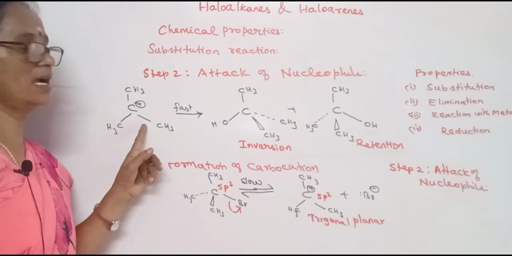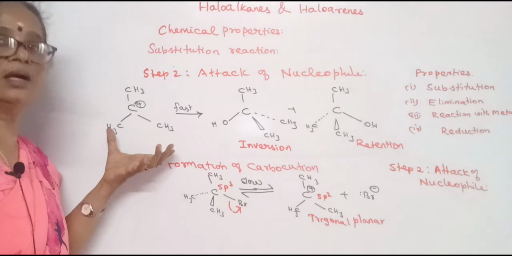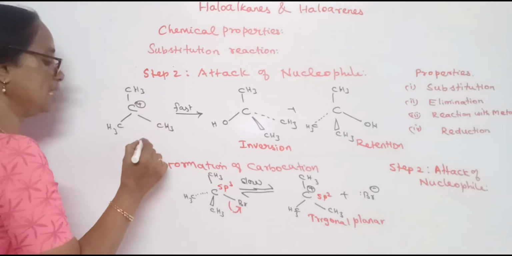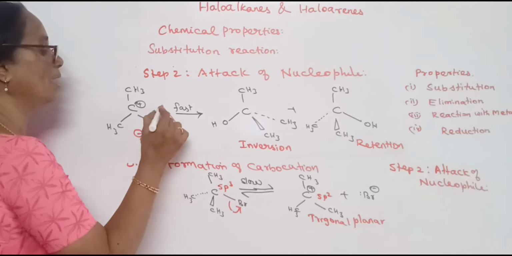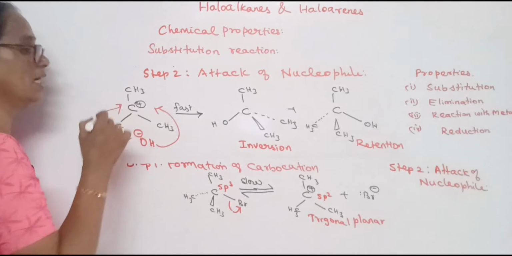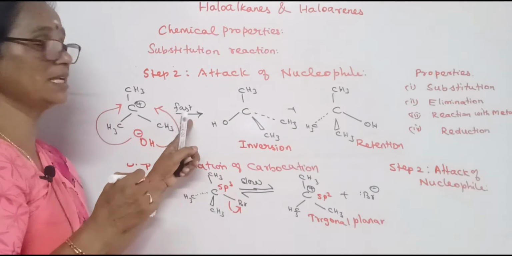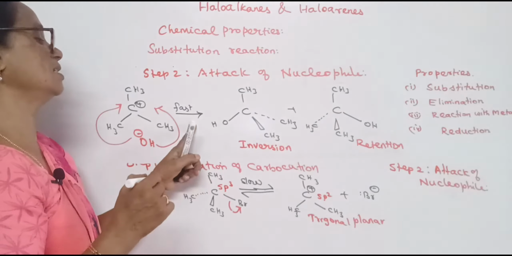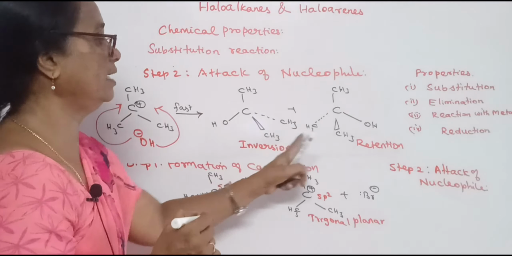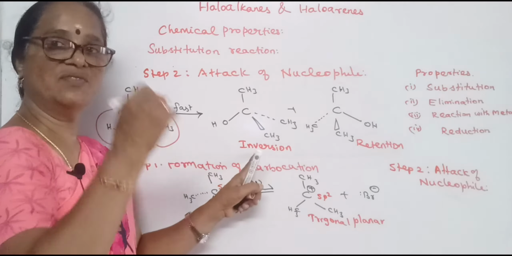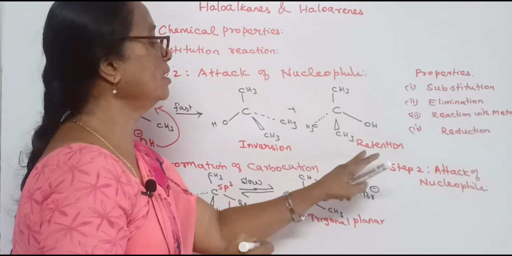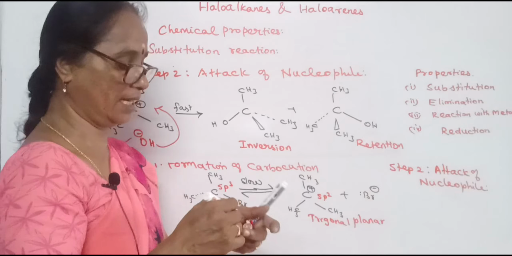This carbocation is free from any nucleophile, and hence the incoming nucleophile may attack the carbon from either side, and this makes the step the fastest step, in which we get two products: one in which inversion takes place, the other in which retention takes place.